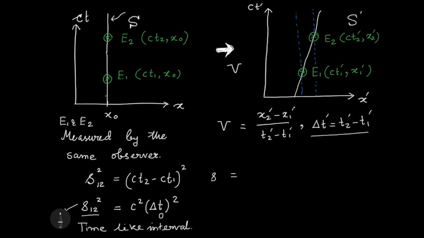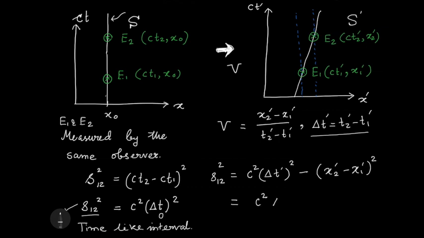So let's calculate S12 here. Remember, it is the same in both reference frames. So here, let me start by writing shorthand: c square times t2 prime minus t1 prime whole square, which is delta t prime square. And now I also have an x part, because x2 and x1 are not the same.